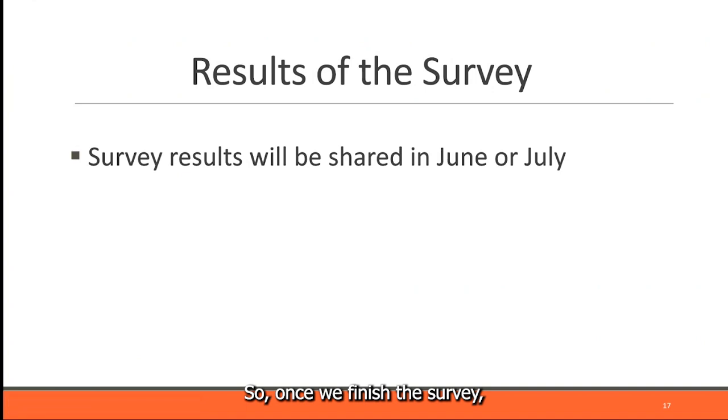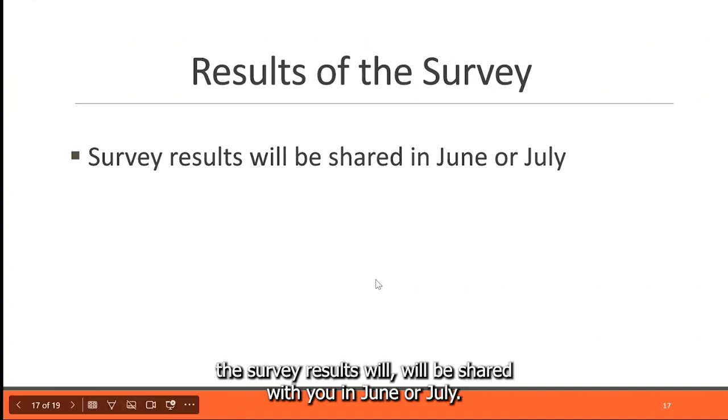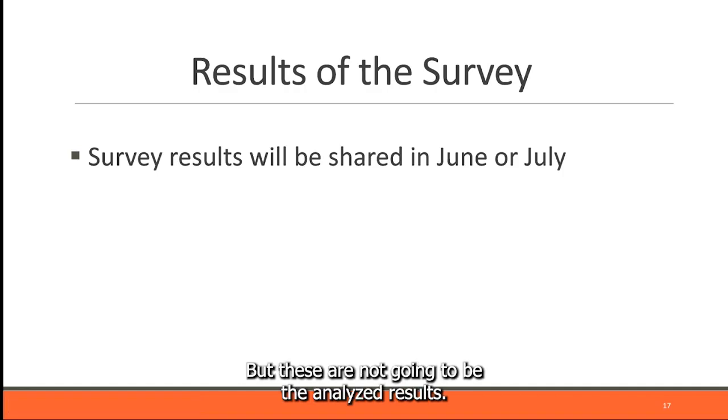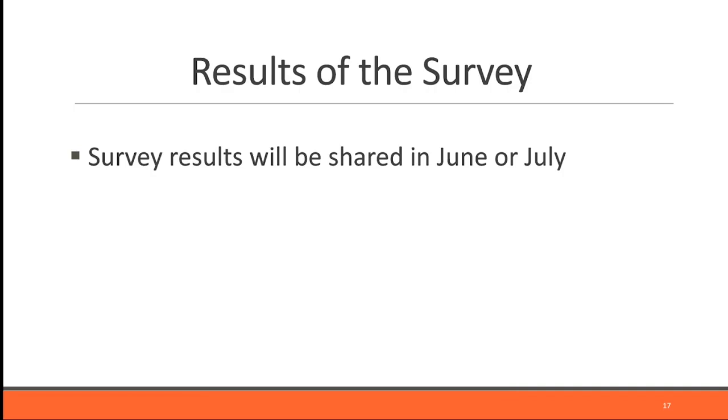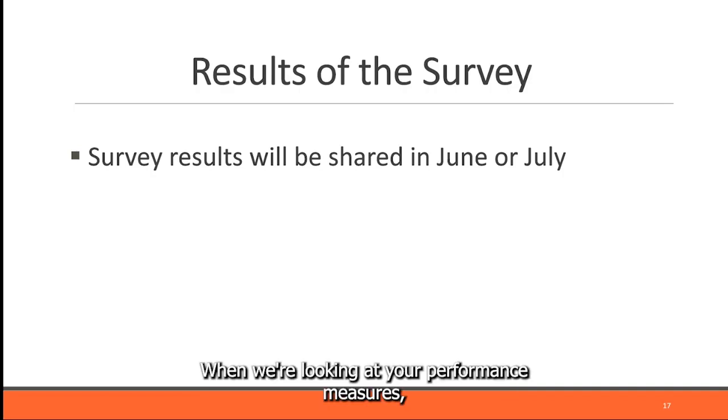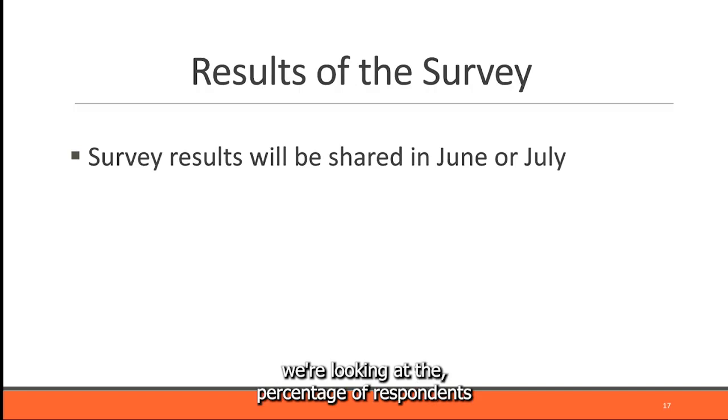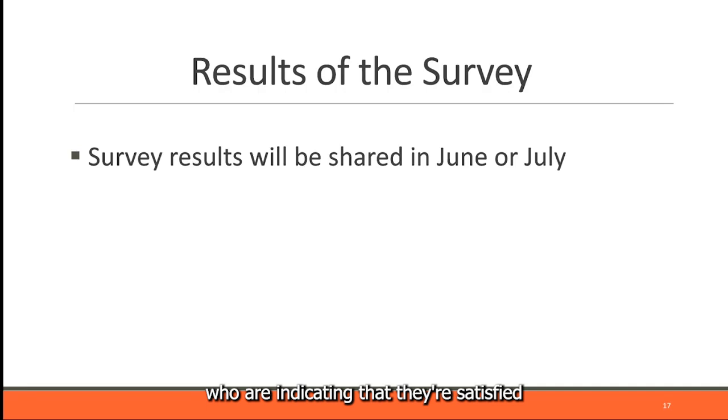Once we finish the survey, results will be shared with you in June or July, but these are not going to be the analyzed results. It would be the raw scores that are going to be shared with you. When we're looking at your performance measures, we're looking at the percent of respondents who are indicating that they're satisfied in most domains on that survey.